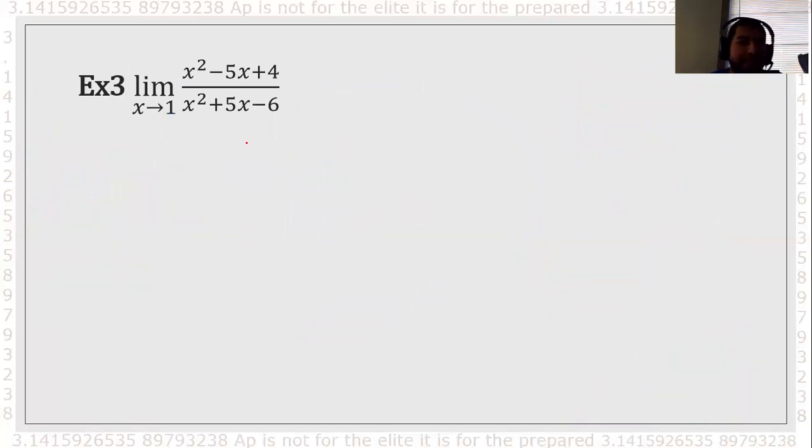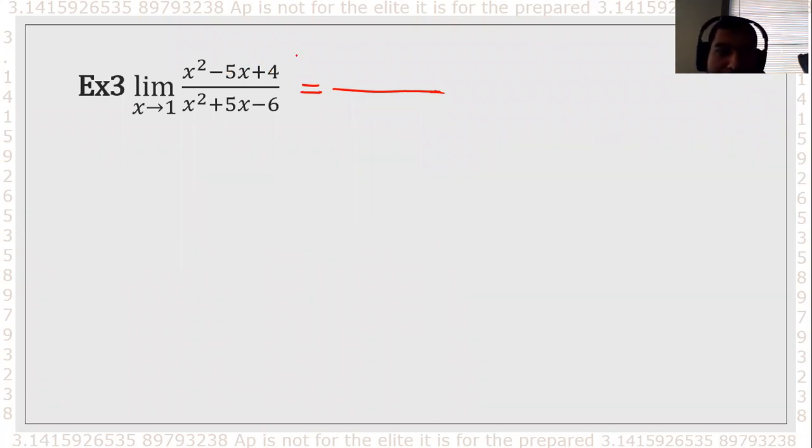Now, if we substitute a 1, if we try the 1 first, I'm going to see that this is 1 minus 5 plus 4. That will give us indeterminate, so that tells me I need to factor. So we're going to go ahead and factor. For this one, unfortunately, we're going to have to do two tables, unless we can think about it in our head.